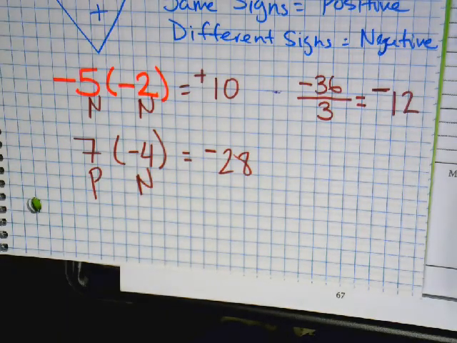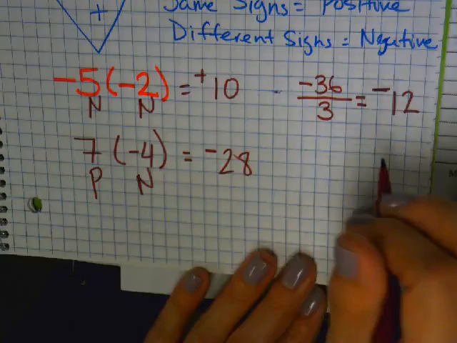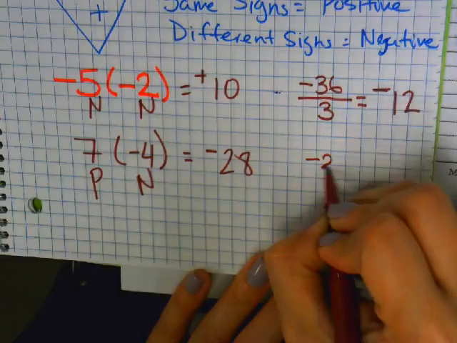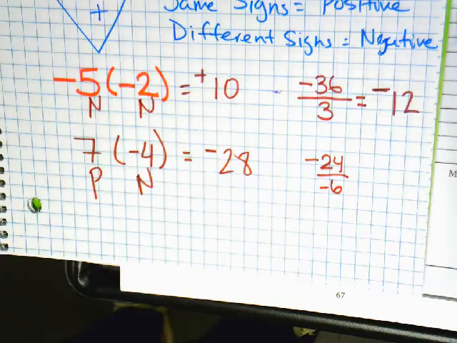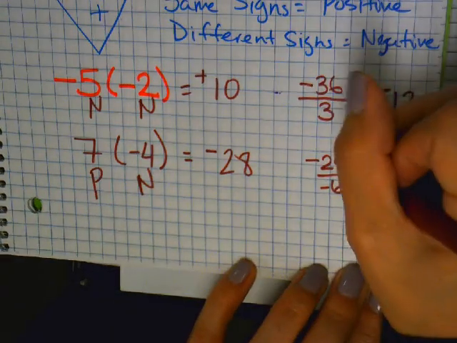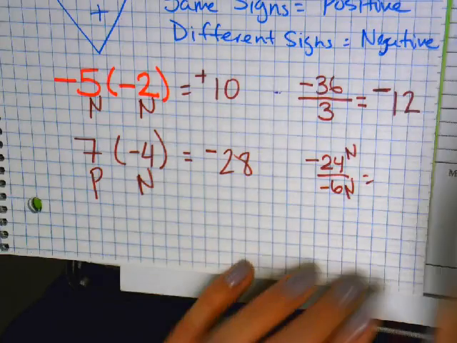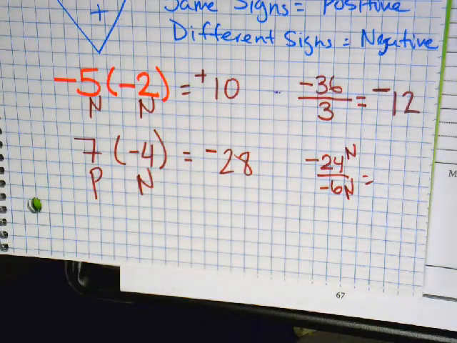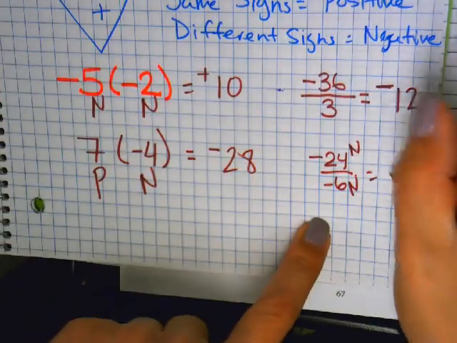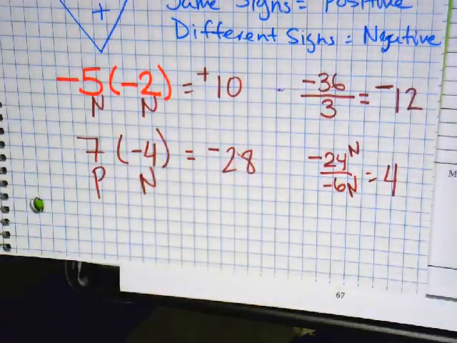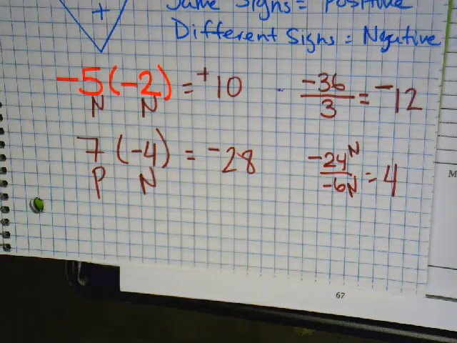So -12 would be our final answer. All right, one more. -24 divided by -6. Two negatives give you a positive. And then 24 divided by 6? 4.